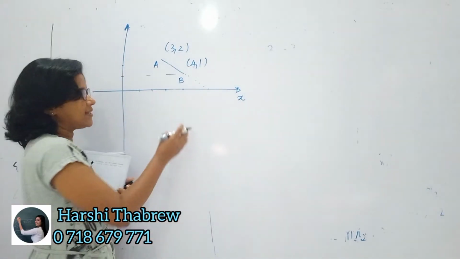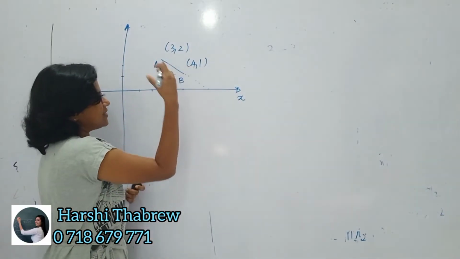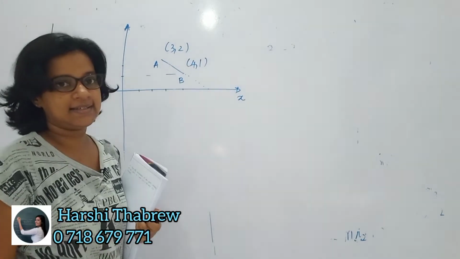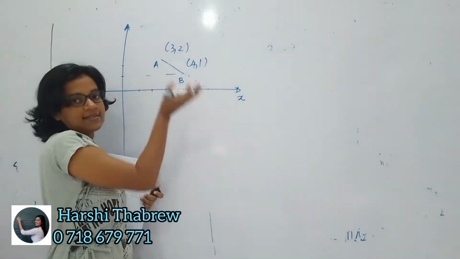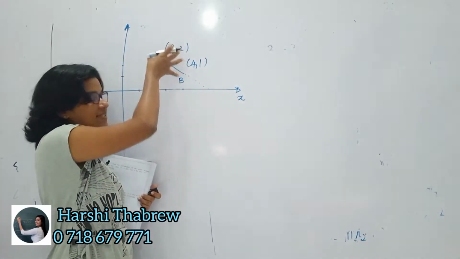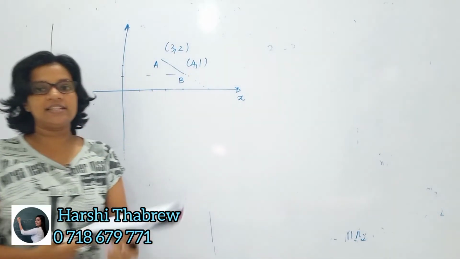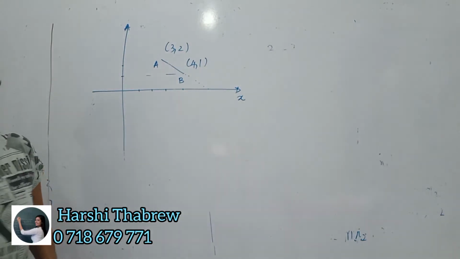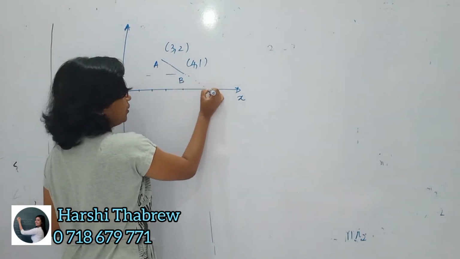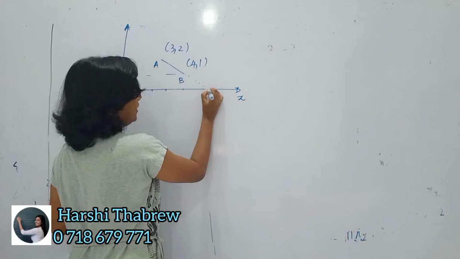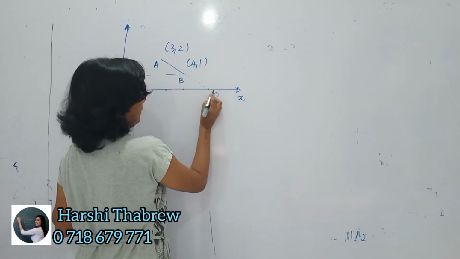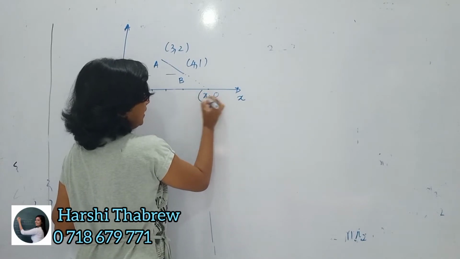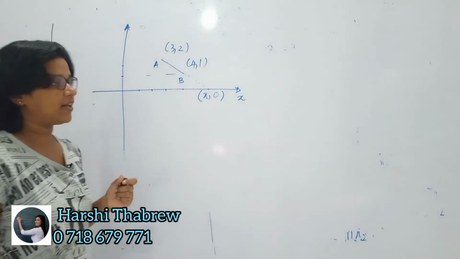Then you should understand that this line is divided by the x-axis externally because both of the points are on the same side of the x-axis. Here you know the y coordinate is 0. For the x coordinate it may have a value.